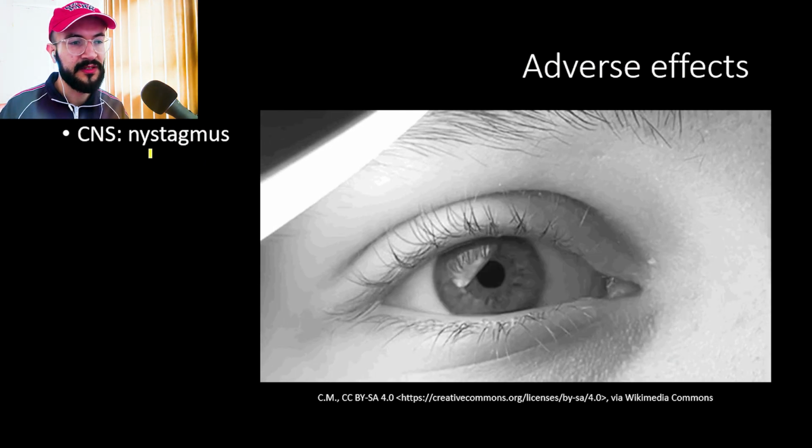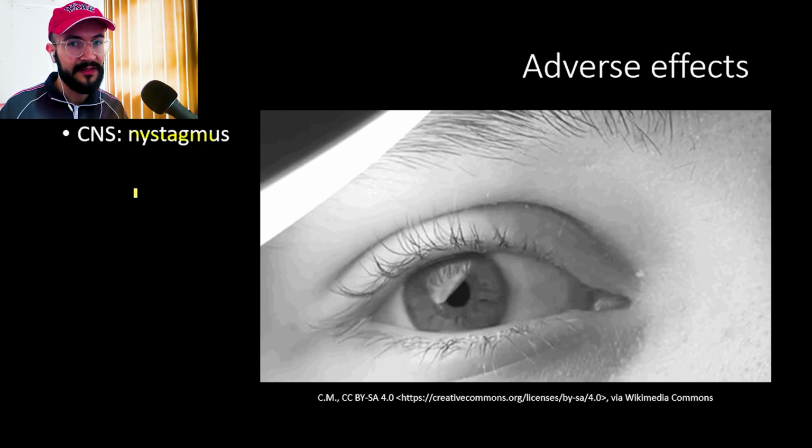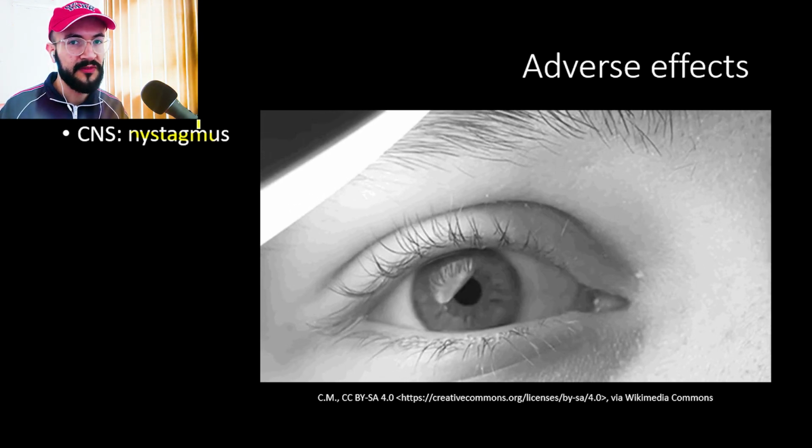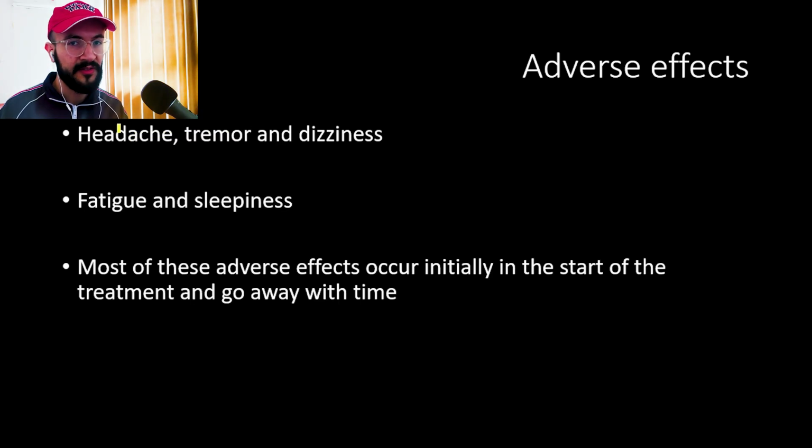Gabapentin may also lead to nystagmus. Nystagmus is rapid and uncontrollable movement of the eyes, as you can see in this picture here, and it also may lead to headache, tremor, and dizziness, and it may lead to fatigue and sleepiness.